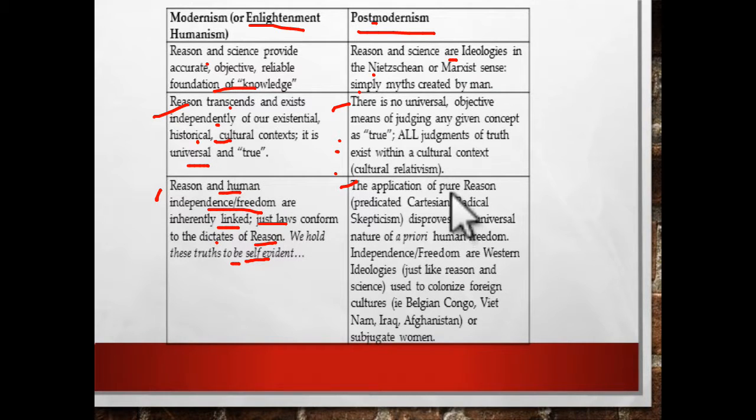The application of pure reason predicted progress. But Cartesian radical skepticism disproves the universal nature of human freedom, independence, and Western ideologies, which, just like reason and science, were used to colonize foreign cultures such as Belgian Congo, Vietnam, Iraq, and Afghanistan, subjecting them to domination.